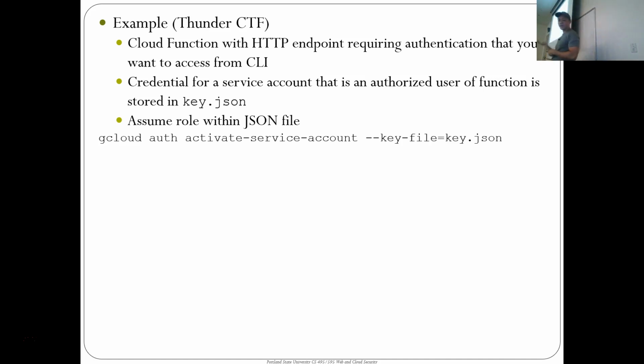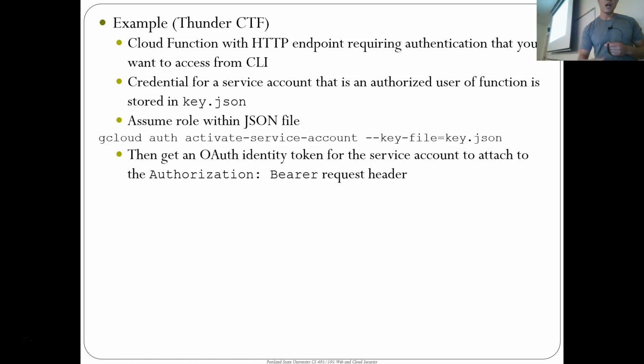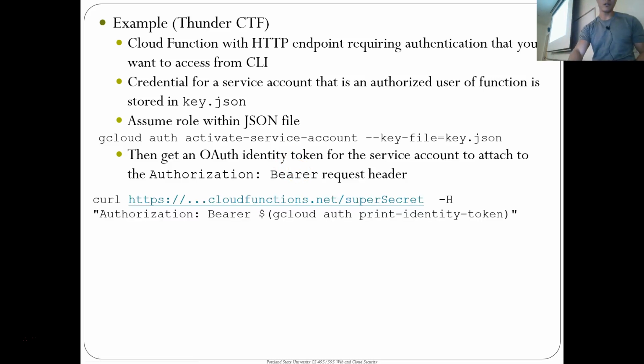Now I want to take on the service account role associated with that file. Then I'm going to get an identity token for that service account, and attach it in the standard OAuth way, in the authorization bearer request header. We talked about the bearer token a couple weeks ago. And then I can hit the endpoint.